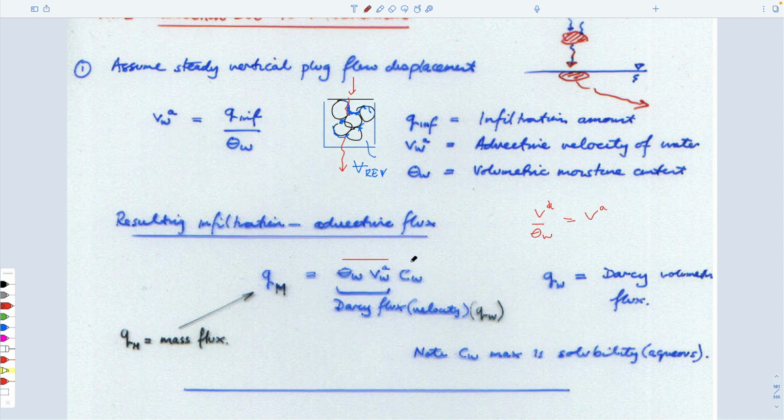And then there's the solubility, or the concentration that's in the water. You've already done this. So this is the Darcy flux times the concentration, and this would be an amount that's moved per square meter plan view. So you're looking at a square meter plan view of the aquifer, and this is the amount that's being washed down through that square meter. So it looked like this, I guess.